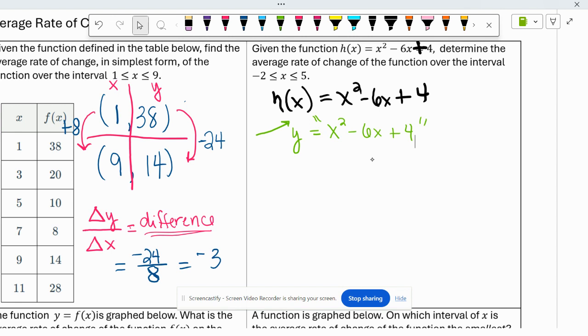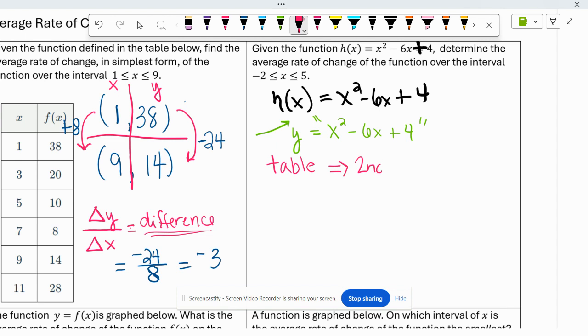Okay. Y equals, go to that. Y equals, type in x squared minus 6x plus 4. I need a table. How am I going to do that?